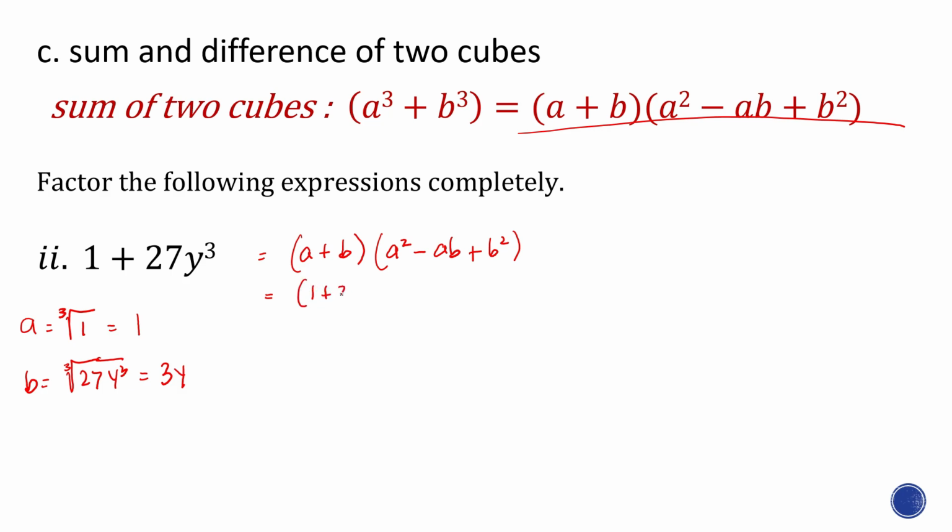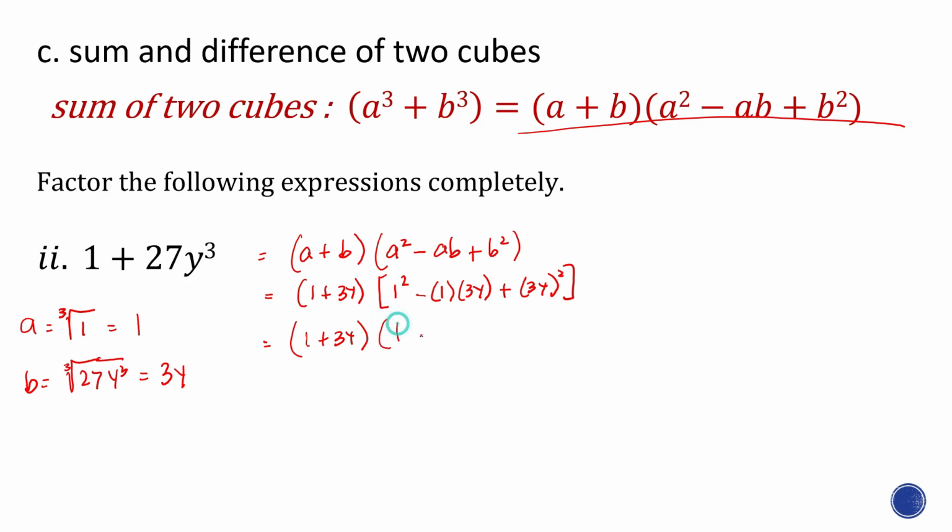So 1 plus 3y times 1 square minus 1 times 3y plus 3y square. So this is equal to 1 plus 3y. Or if you want to actually rearrange that, no, I will not do that, just so you see which one is the A and B. But you can actually switch the two.